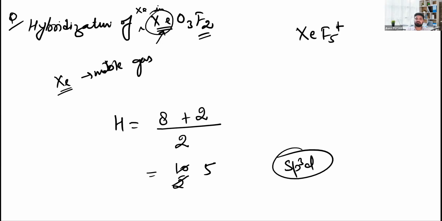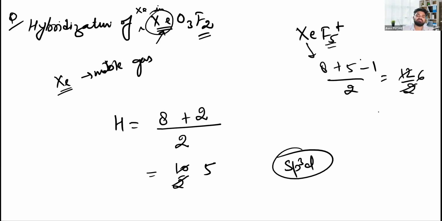The hybridization is sp3d2. Again, 8 plus 5, and this is a plus charge. So for the plus charge, you subtract, divided by 2. So you'll get 8 plus 5, 13, minus 1, you'll get 12, divided by 2, you'll get 6. And for 6, we have sp3d2. Very good.